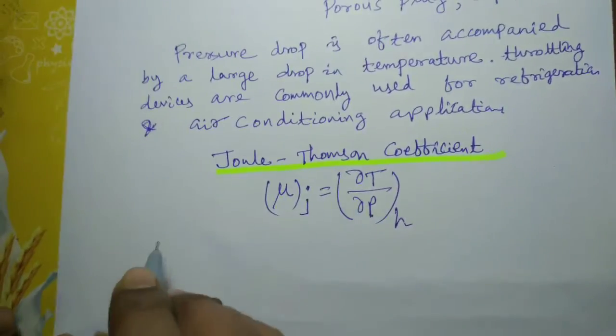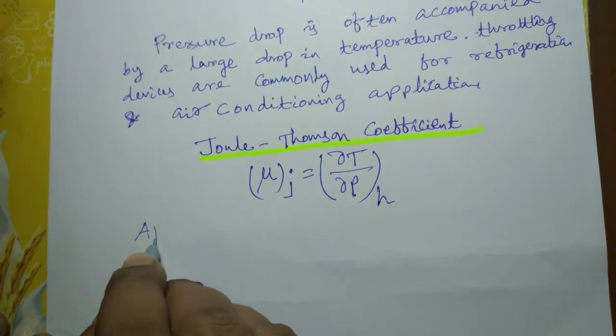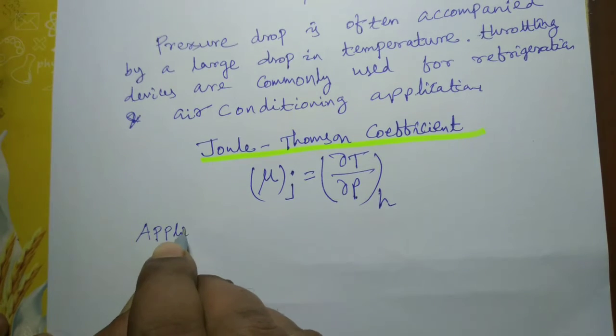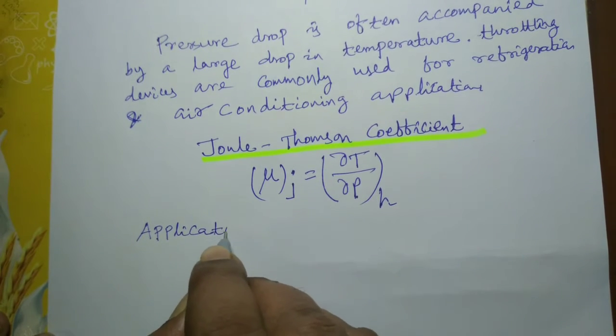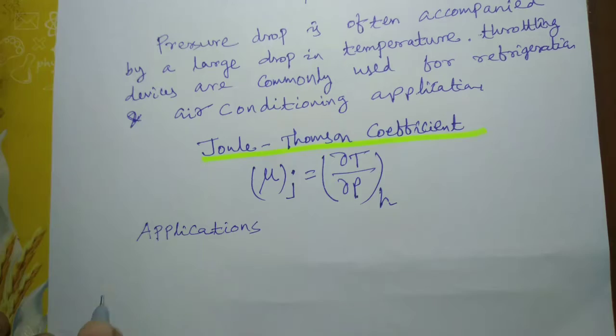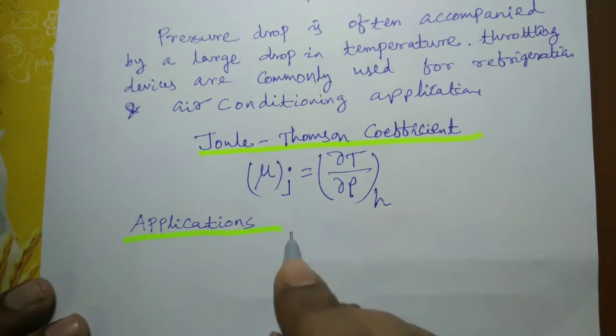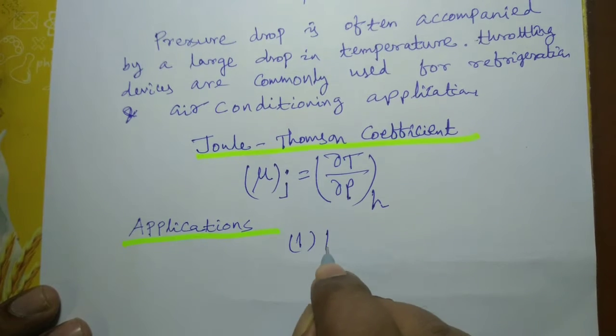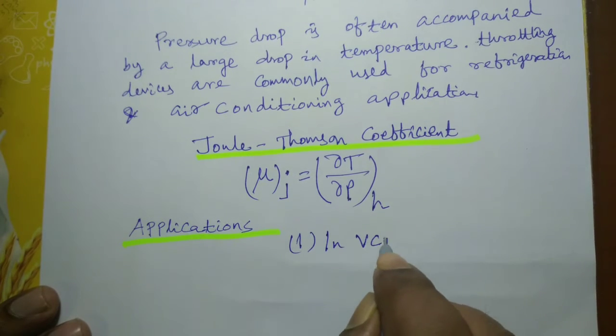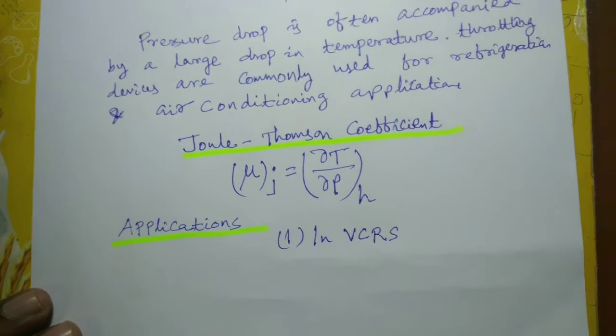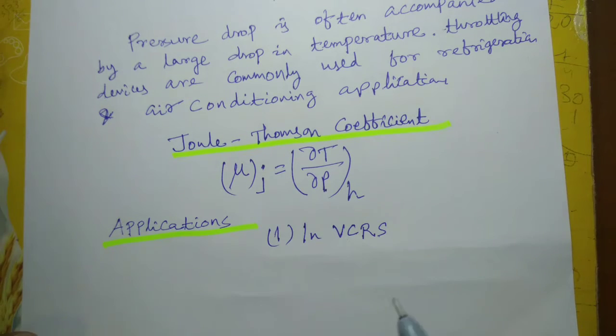So what are the main applications of throttling devices? Applications of throttling devices. So first application is vapor compression refrigeration system, that you will study in your refrigeration and air conditioning part.